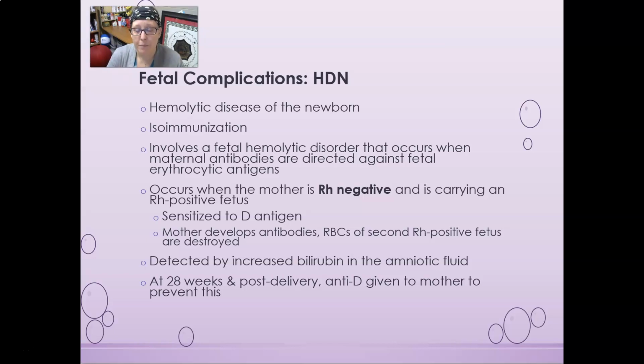This can occur sometimes simply from birth, because there's a lot of blood and bleeding during birth, and so there can be a mixing of mom and baby's blood, and then mom could be sensitized to the D antigen, which is the Rh antigen. But by that time the first baby's been delivered, so everything's okay.